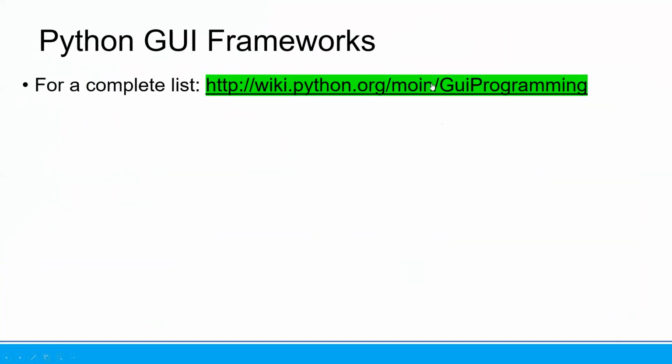If you want to look at more GUI programming, you can look at this Wikipedia page, which is a complete list. There are many frameworks, but I think we can just focus on one for our course.